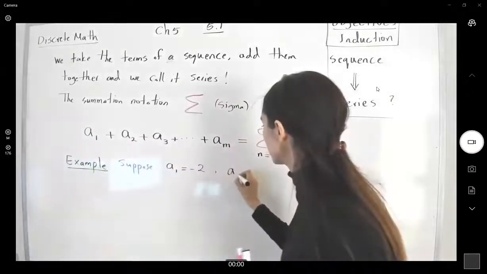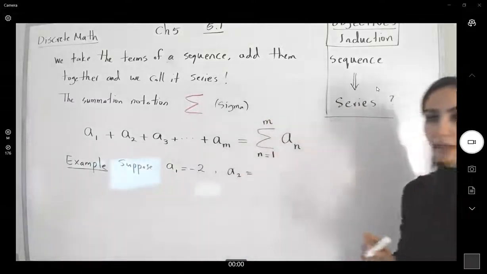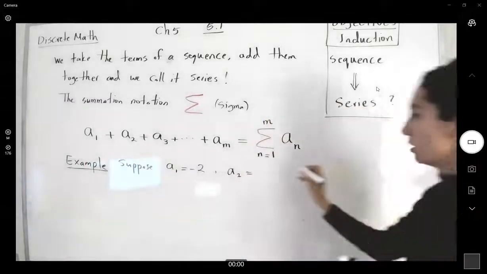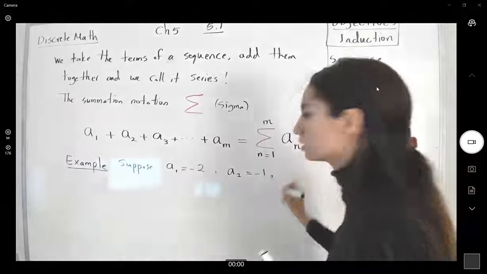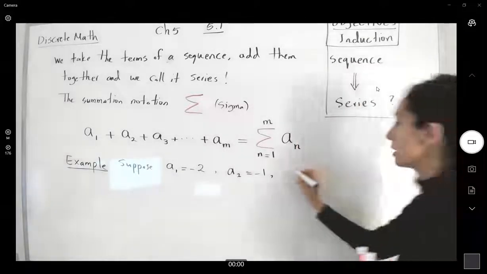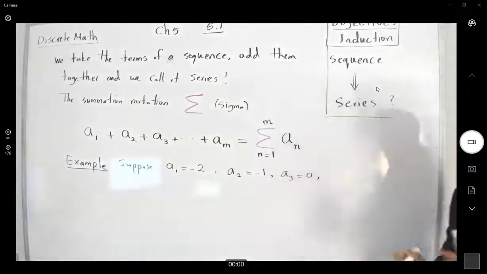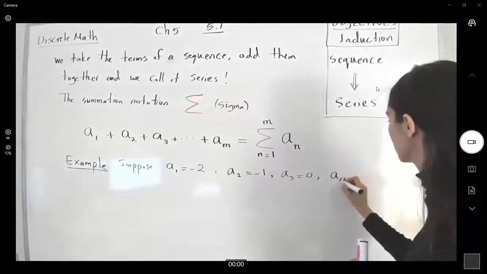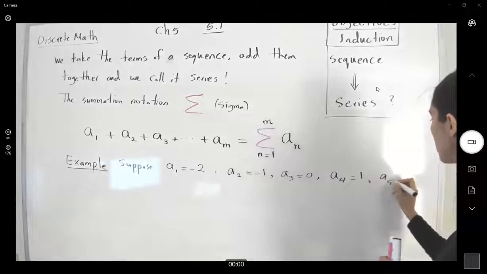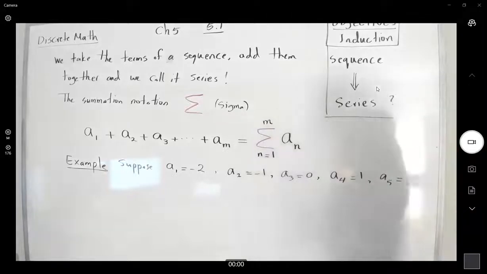The second term of your sequence is equal to -1. Then the third term is equal to 0. The fourth term is 1. And the fifth term is equal to 2.